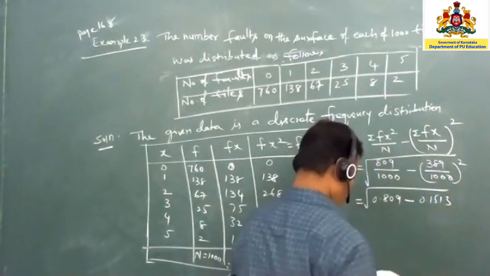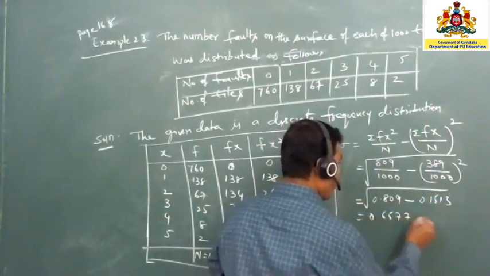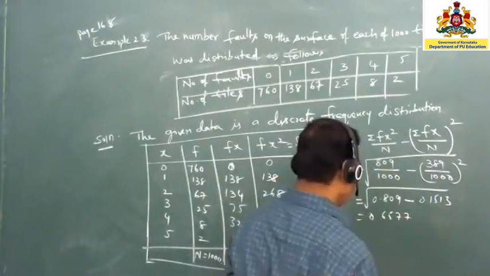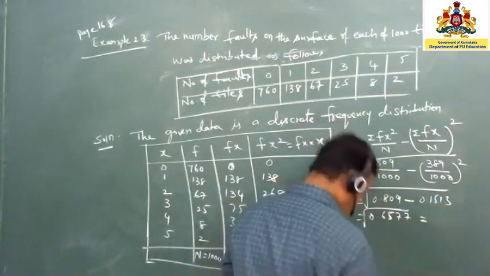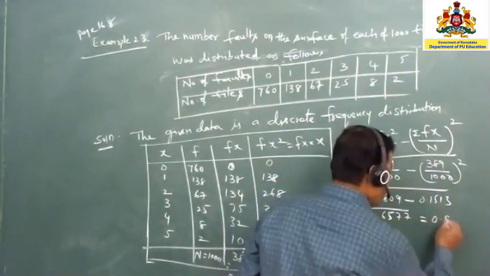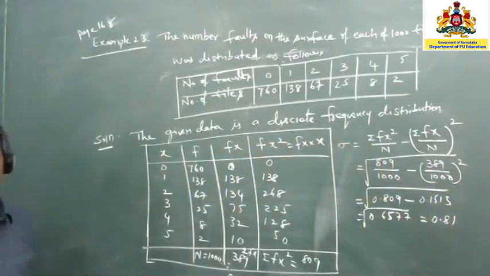Square root of 0.6577 is 0.81. So standard deviation is 0.81.